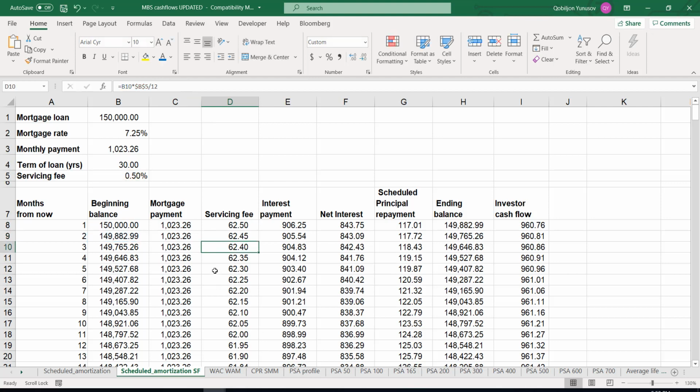Notice that the servicing fee is dropping over time, but then it adds up to some amount, right? So overall, the return to the investor will be 7.25% minus the servicing fee. In other words, they receive less than when there would be no servicing fee, and the return to the investor is whatever is left over.